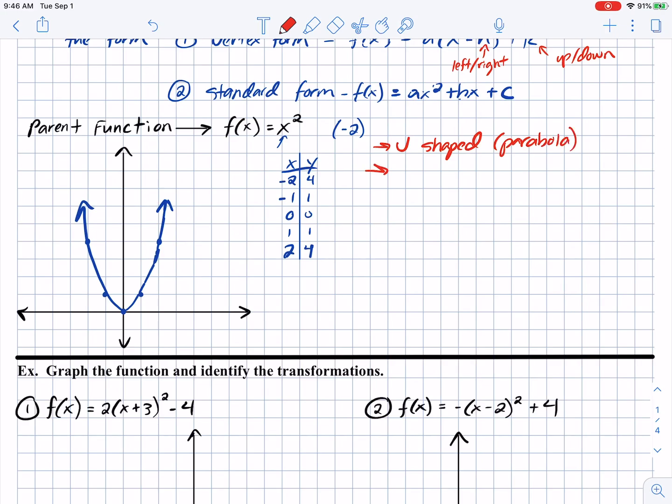All points are equidistant from an axis of symmetry. This y-axis is our axis of symmetry. The axis of symmetry is a line where all the points are equidistant from that line. So all points are equidistant from the axis of symmetry.